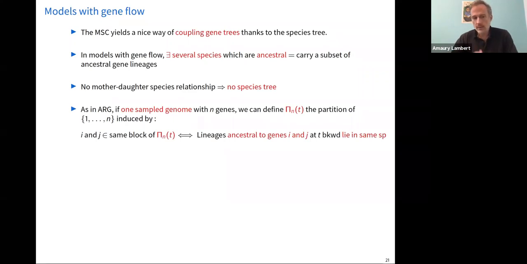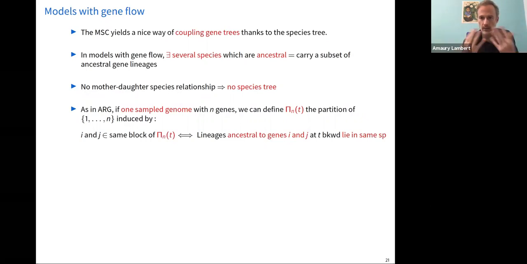But of course, as in the ancestral recombination graph, if you follow back in time the genes ancestral to one sample genome, one object of interest is the partition pi_n(t) of {1,...,n} induced by the relation of lying in the same species or not. As in the ARG, it was lying in the same individual or not.